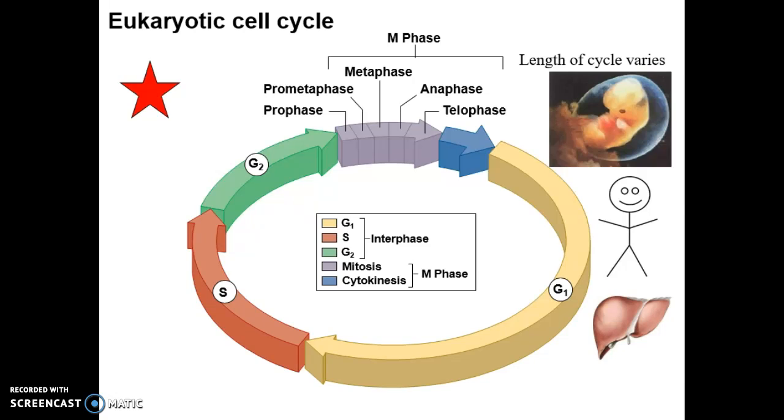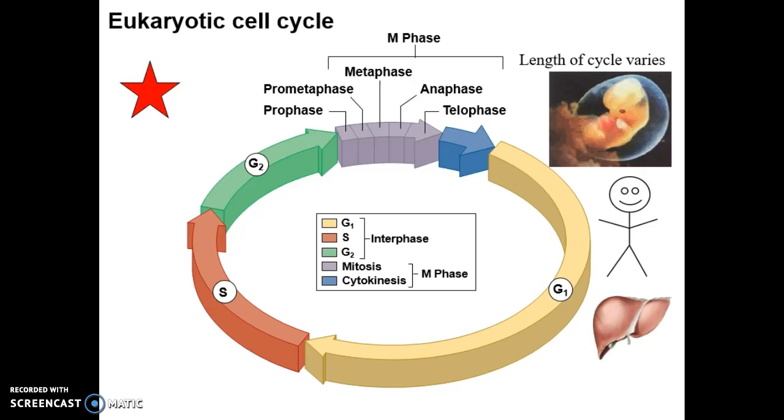Now, a cycle means it continuously circles and loops and just goes around and around and around through that overall process. So you can start anywhere. Eventually you're going to wind up back at that same point. So for our discussion at this point, we'll briefly talk about G1, S, and G2, collectively known as interphase.